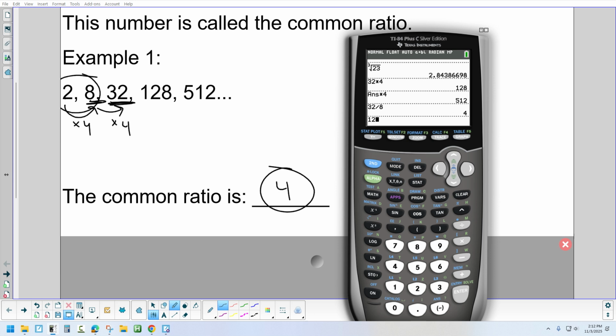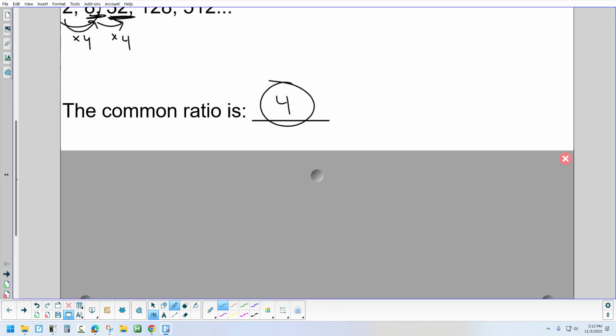If I took 128, what's the number that's right before it? 32. If you take any number and divide by the one in the list that's right before it, that will always tell you what you multiplied by each time to get from one to the next. Okay, so common ratio is 4.